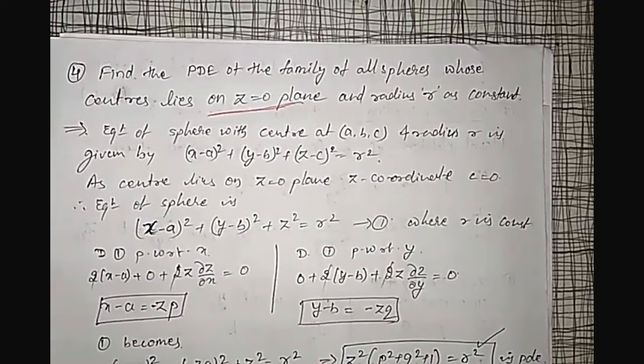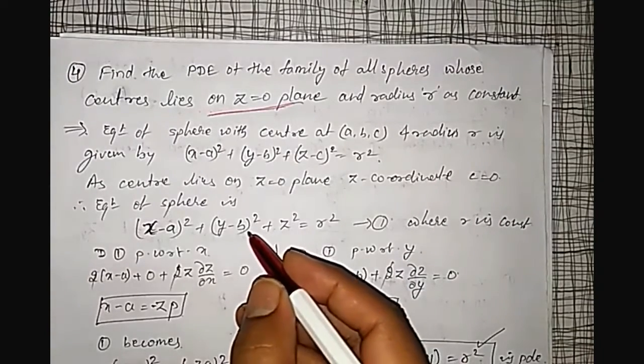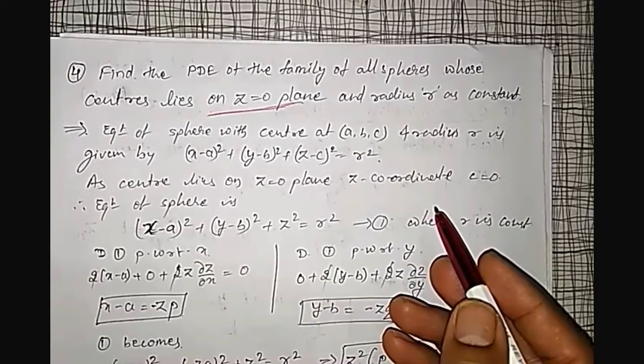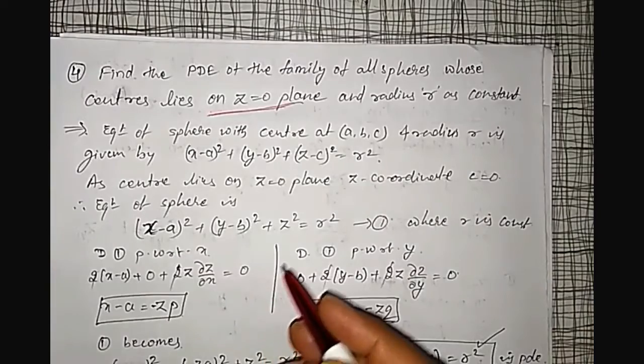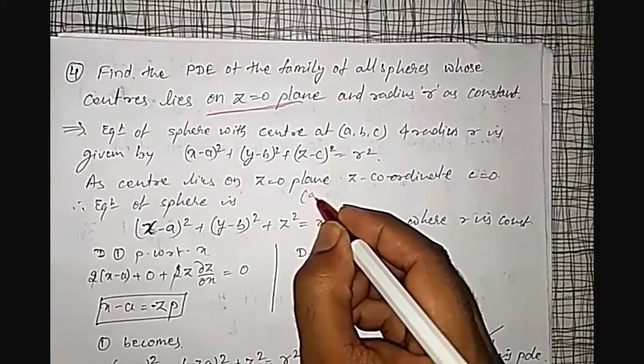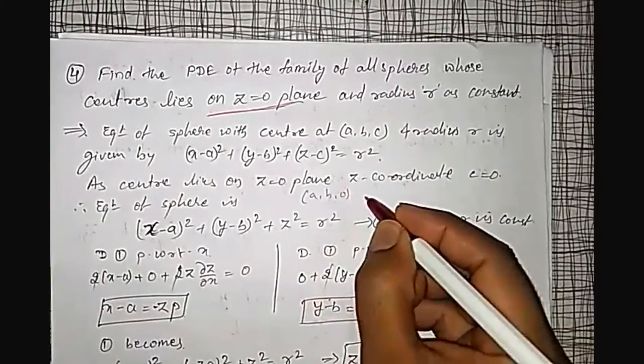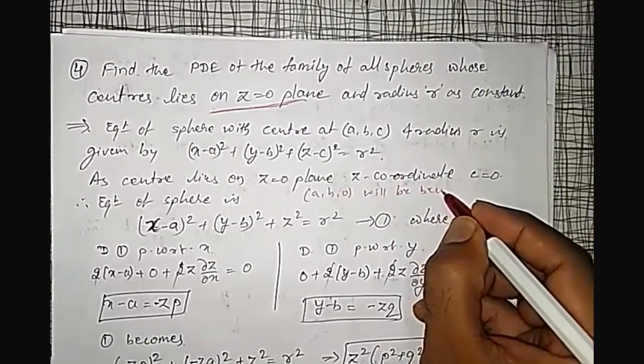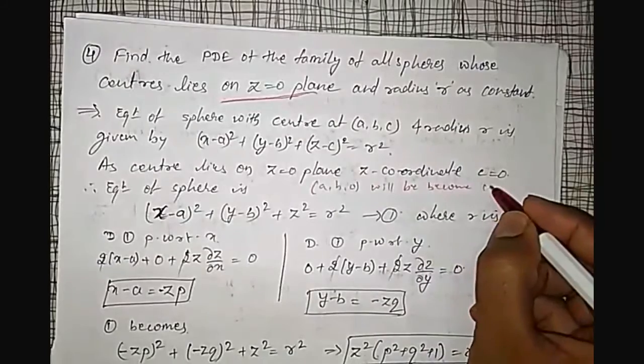Therefore the center lies on the z equal to 0 plane, that is the z coordinate is 0, then a, b, 0 will become our center.